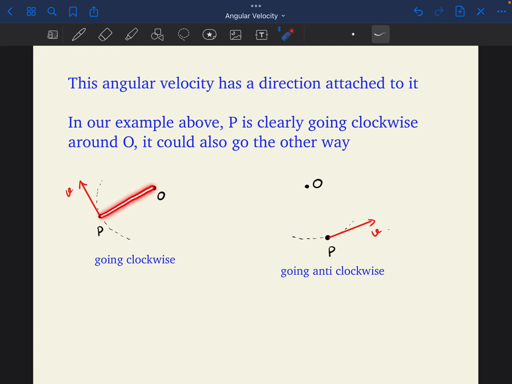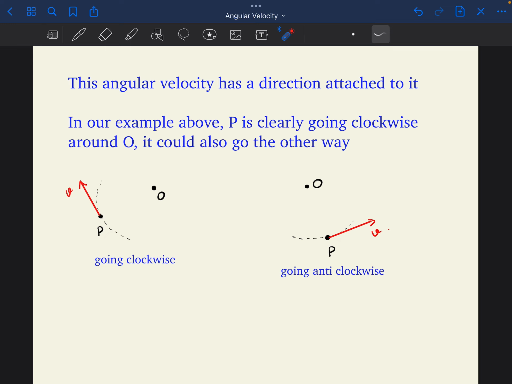If OP is changing orientation like this, it could have also changed orientation in the opposite direction. So these are clearly two different ways of rotation, and there is no other way. These two are the only ways in which the point P can rotate about O, right?